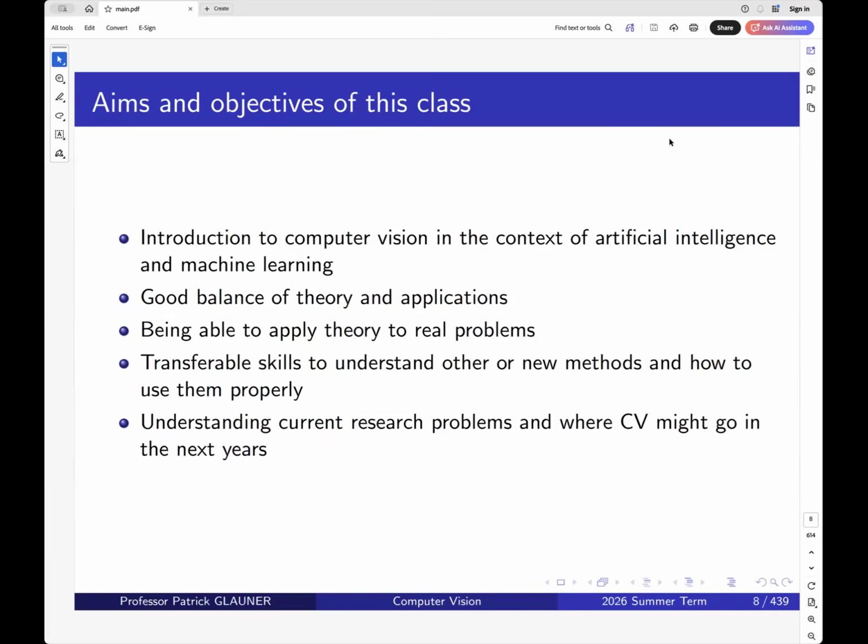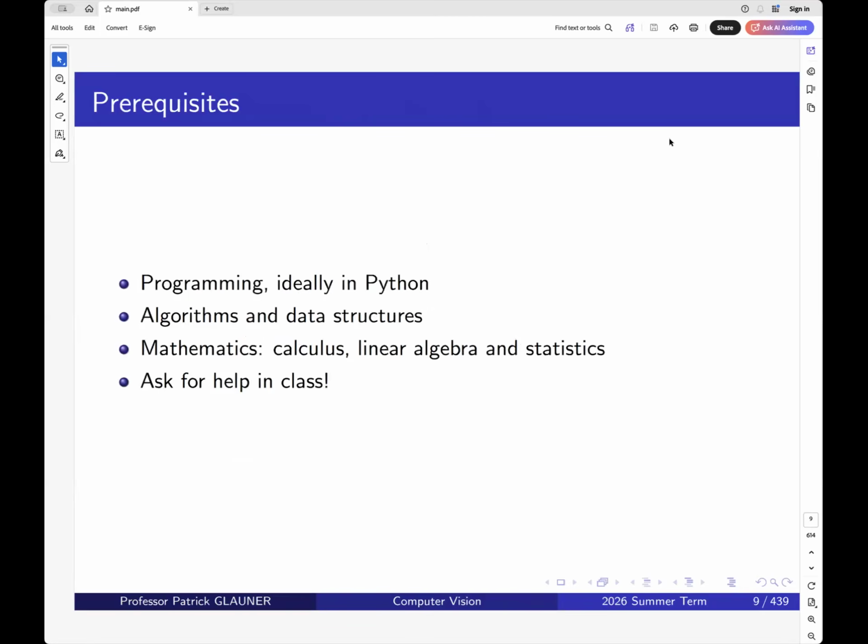And as there are new computer vision methods, I want you to have transferable skills to understand these new methods in the future and how to use them properly. Then we will also look at some current research problems and we'll get an understanding of how the field of computer vision may evolve in the coming years.